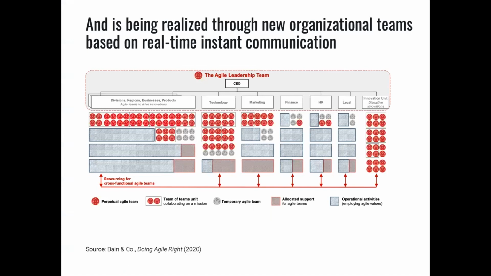Just to show this diagram, this is actually being realized through full organizational teams based on real-time instant communication, which is, of course, feedback. In a traditional organization, you'll see the functional layout here with the CEO and the functional silos.